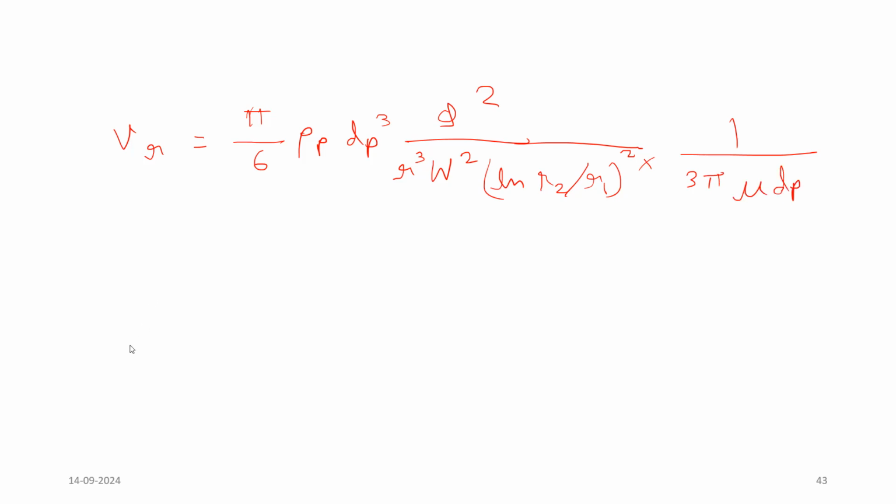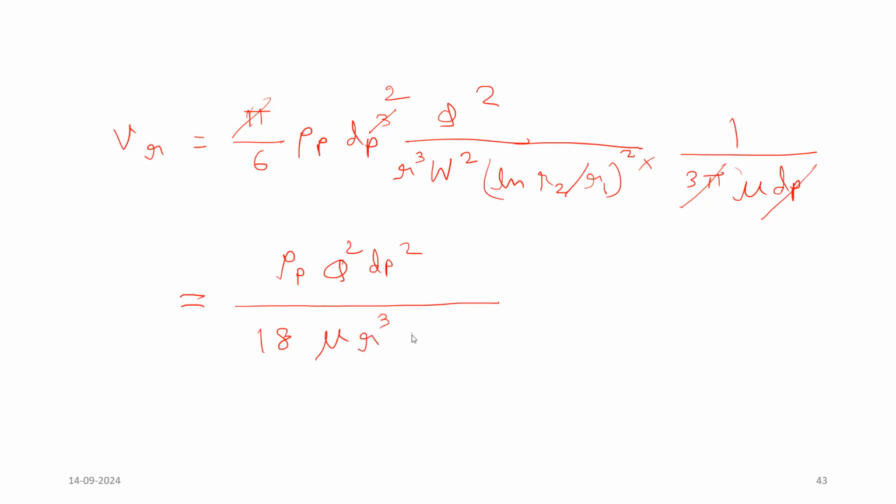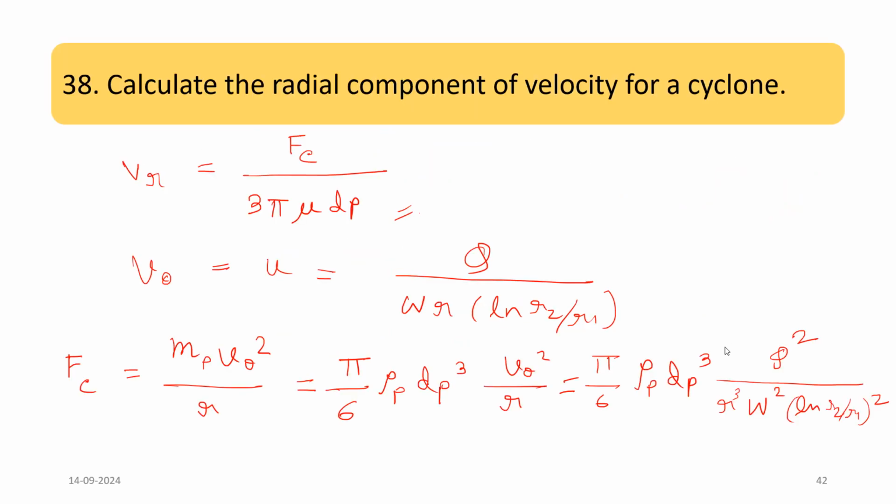So the pi and pi cancel out, and one dp cancels out. It will be rho p q square dp square divided by 6 into 3, that is 18 mu r cube w square ln r2 by r1 whole square. So this is the expression of the radial component of velocity for a cyclone.